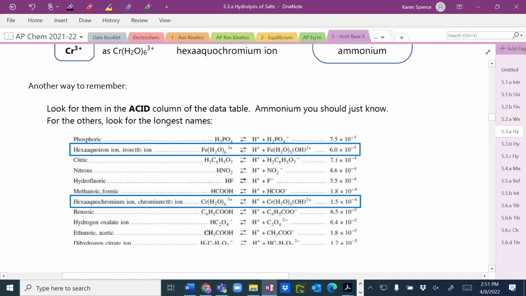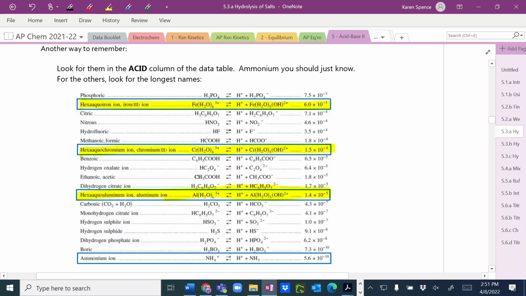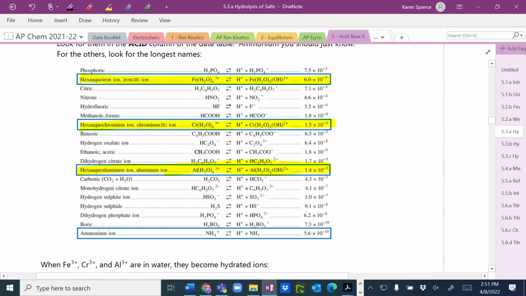So another way to remember them, you can just look in the acid column and be like, oh, look, here we go. Here we go. Here we go. And you don't even have to remember how to write the formula because it's given there for you. Yes? And there's our ammonium ion. So you can actually look for the ions.